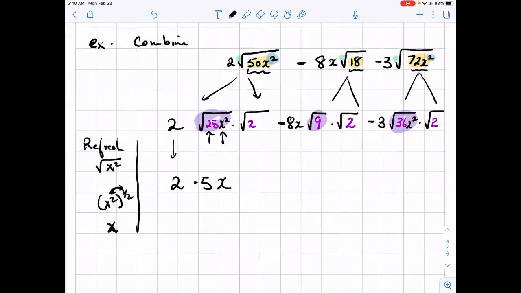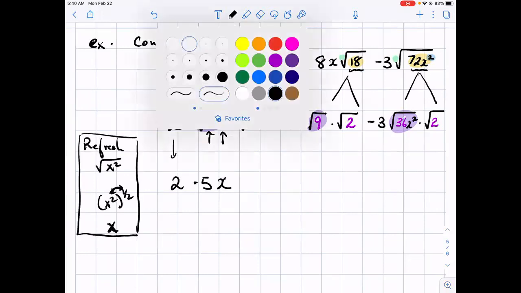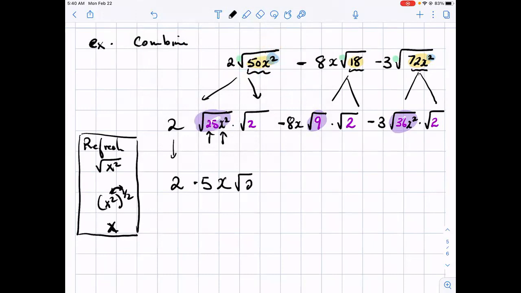So this is a little refresher as to how I'm getting my x there. And then we have the square root of 2 left. So minus 8x. This here comes out to be 3. And then I have root 2 left.